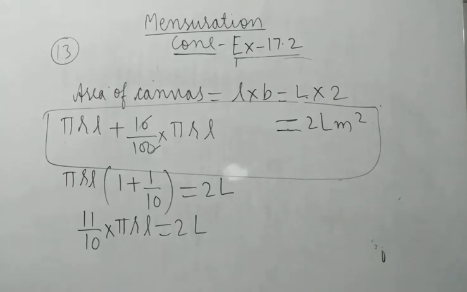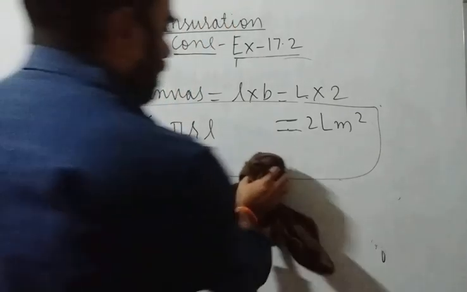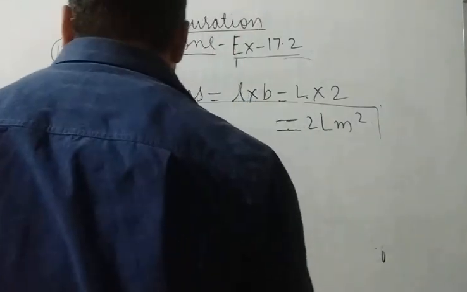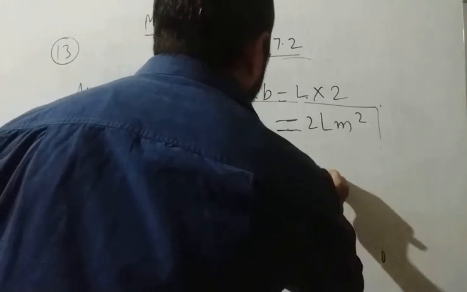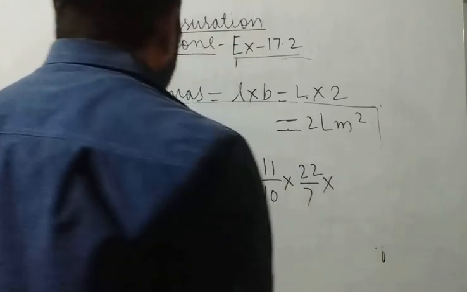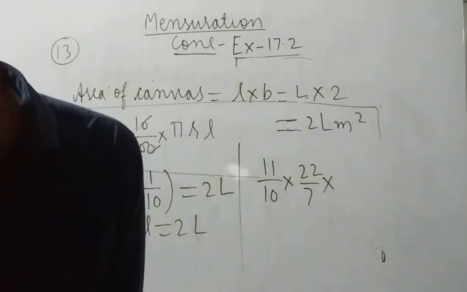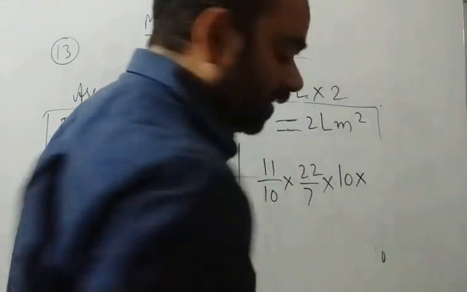Correct? So now we are going to substitute all the values. Values are, see, 11 by 10, pi is 22 by 7. Radius is given, what? Radius is 10. Slant height is given 42.